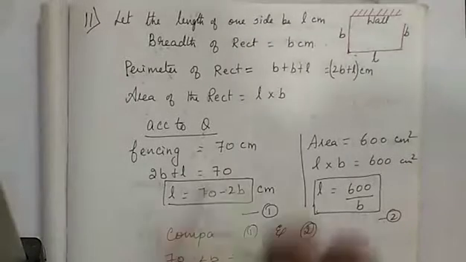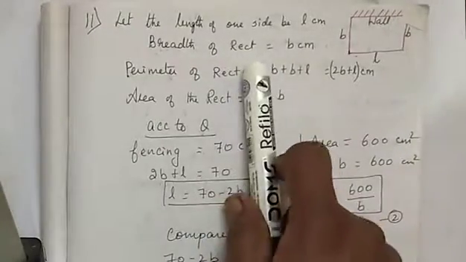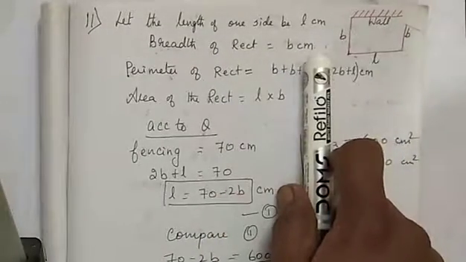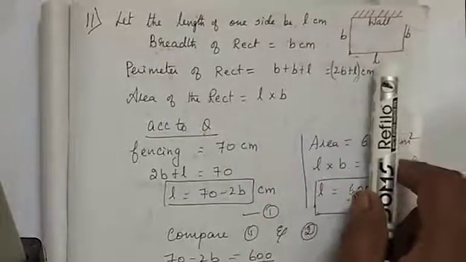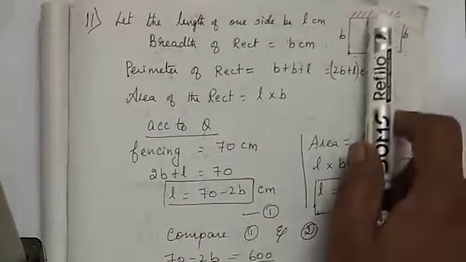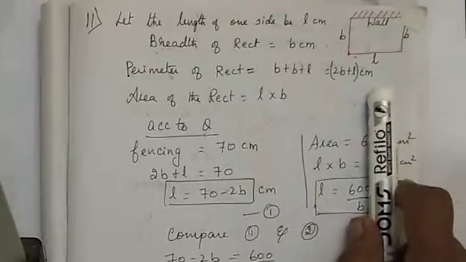So take the length of one side be L meter, the breadth of the rectangle is B meter. Perimeter is equal to B plus L plus B. Fourth side is wall, so you will get 2B plus L meter.